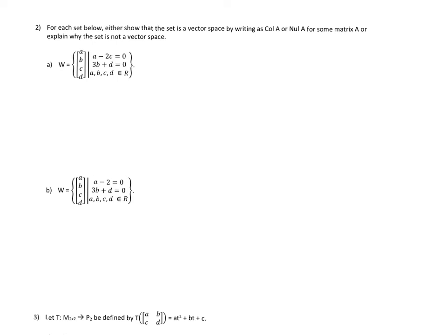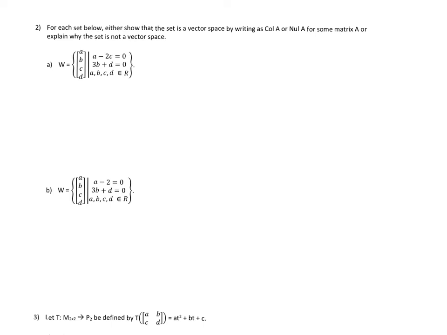I think I just realized that I left a question off on the previous page. So there's a system of equations written here in the set W, which is the set of all 4-entry vectors A, B, C, D such that this system of equations is true: A minus 2C is 0, 3B plus D is 0.